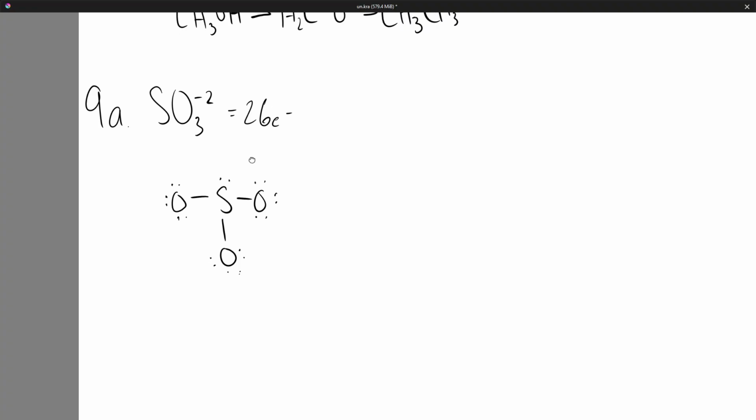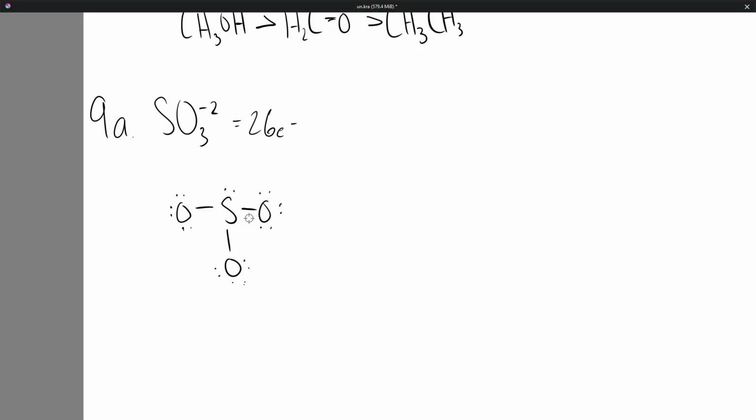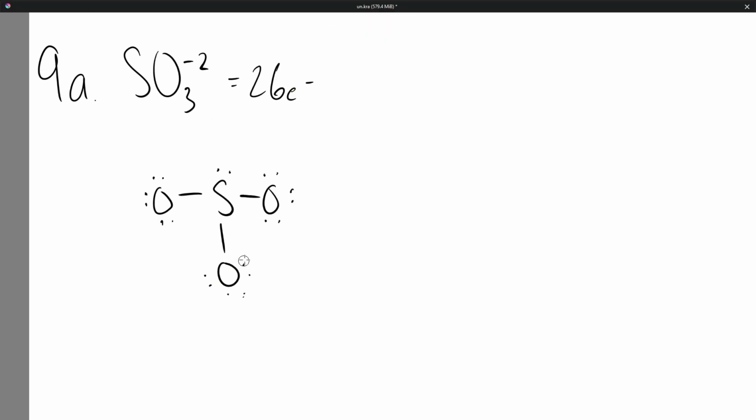And we should be done, right? But no. Let's look at formal charges. So it's 1, 2, 3, 4, 5, 6, 7. 6 minus 7 is negative 1 for all of these. And this is 1, 2, 3, 4, 5, plus one charge.